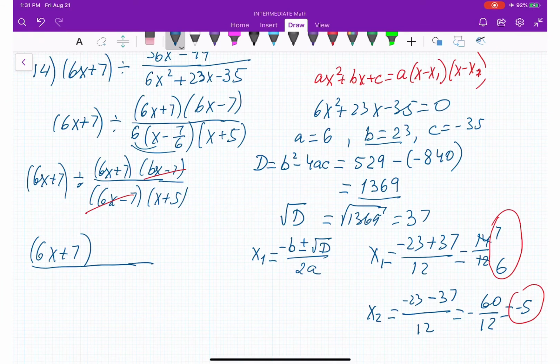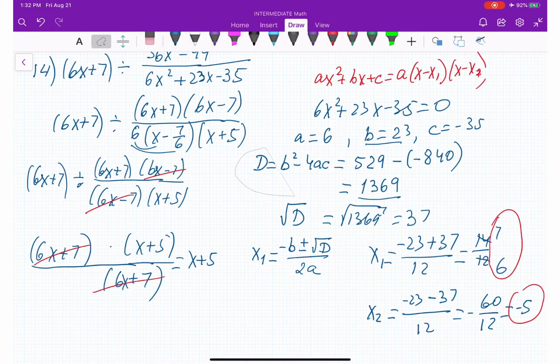And x plus 5 comes on the top, and 6x plus 7 comes to the denominator. You always have to flip the second fraction, always. And the result is 6x plus 7 is gone with 6x plus 7. The answer, we get x plus 5. And that's going to be our answer.